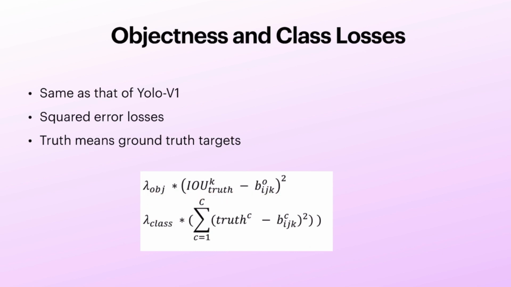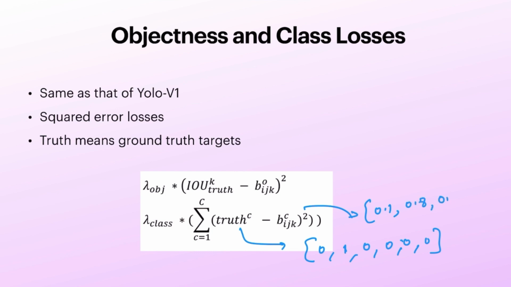And the same way for class probabilities, this particular ground truth, if you have 0, 1, 0, 0, 0, like this. And this particular thing you have 0.1, 0.8, 0.05, 0.005 and 0.005.